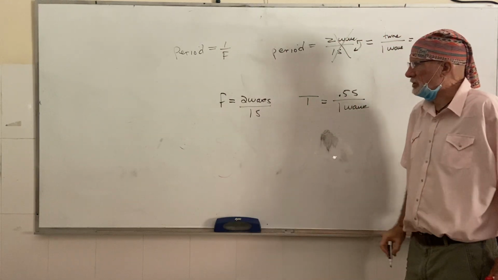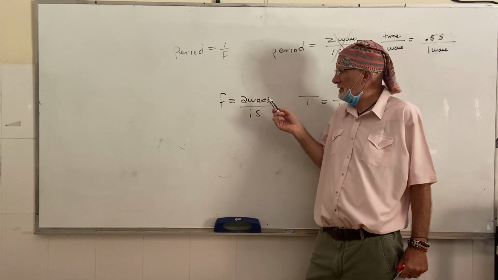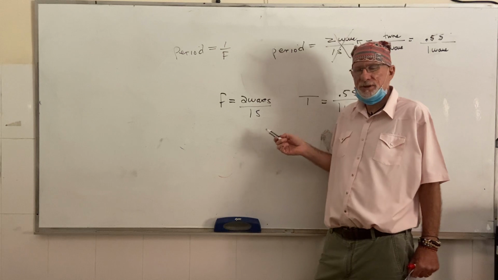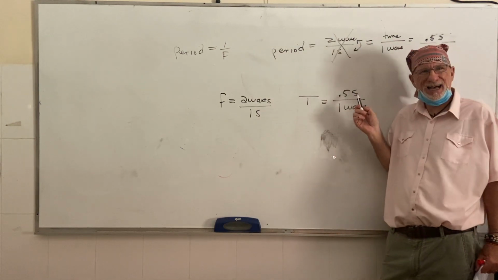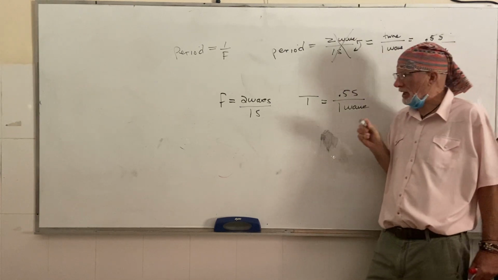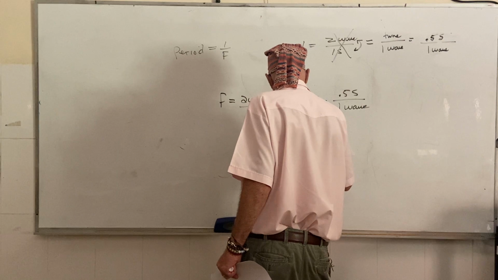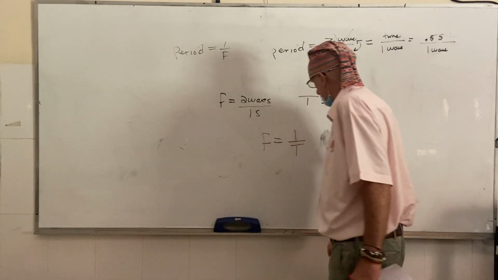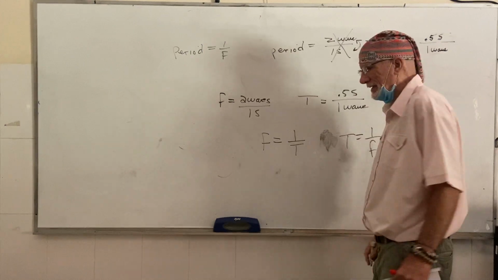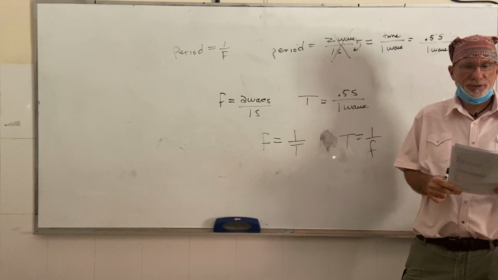So the frequency is per second, the number of waves per second. The period is the time per wave. So, frequency equals 1 over the period, and the period equals 1 over the frequency. That's it. That's your quiz.